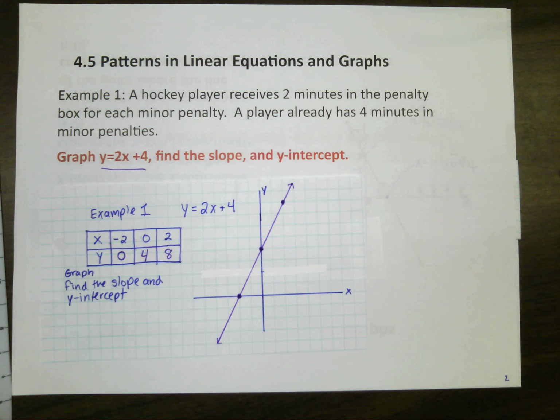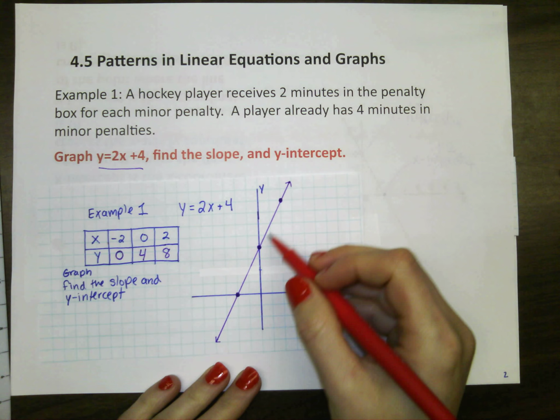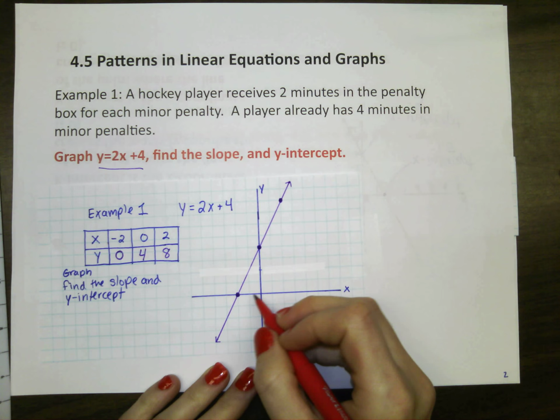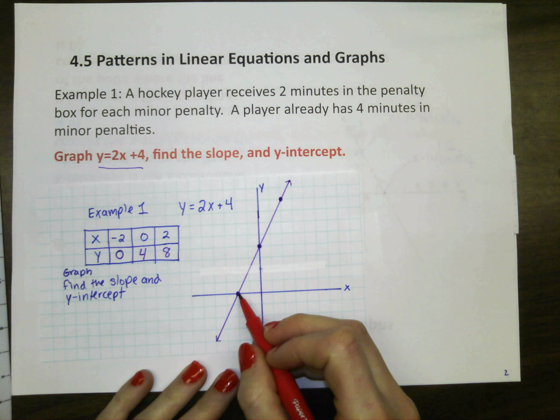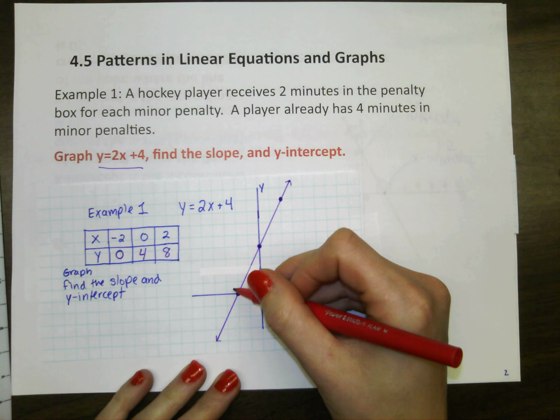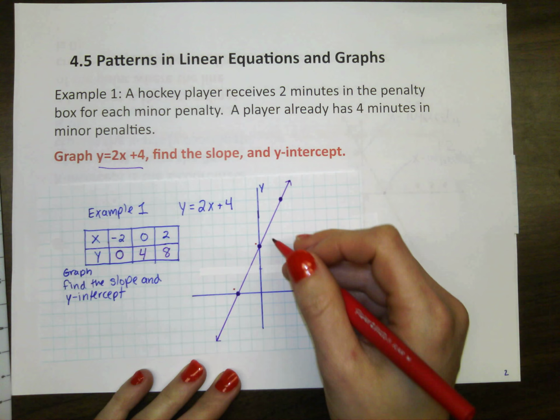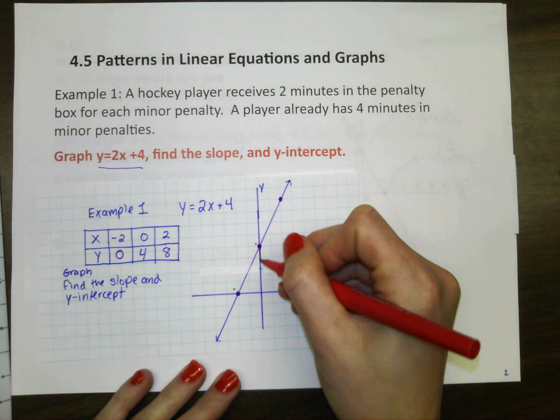So then we can connect them with a line. All right. And now that we have our points, we can look at, well, what's our rise over run? You could use either of these 2 points. So I'm going to pick here.